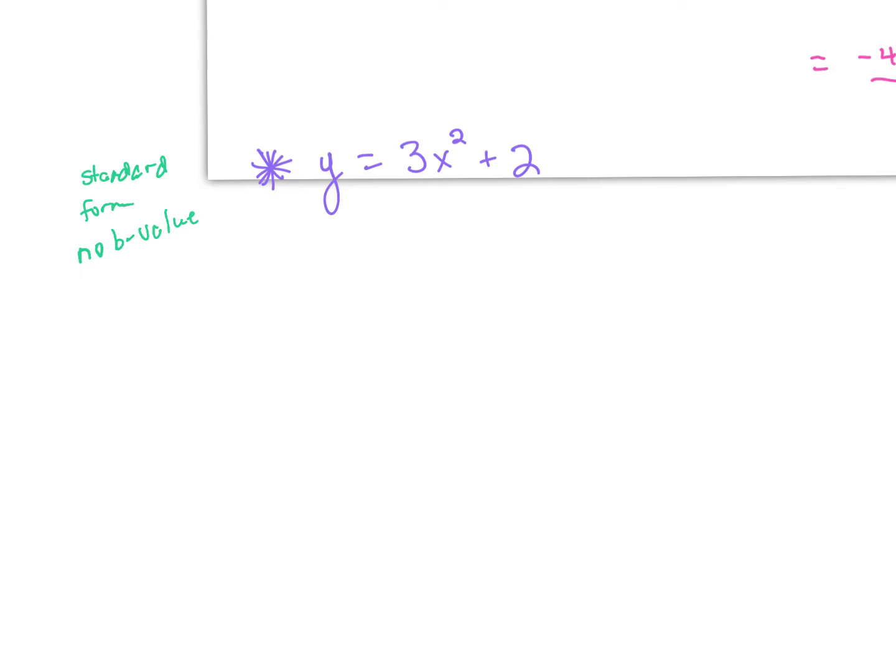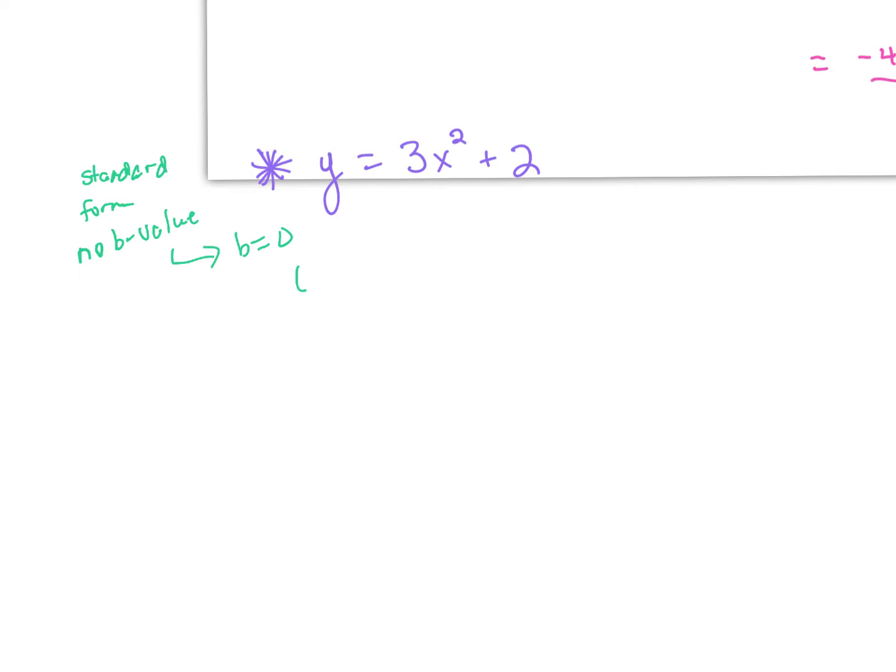So if you notice, it's in standard form, there's no b value, and I want you to think about what that means. It means that our b value is equal to 0. And so to figure out where our vertex is, think about the fact that you're not going to shift left or right at all.